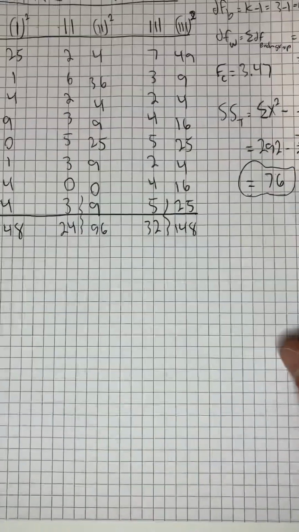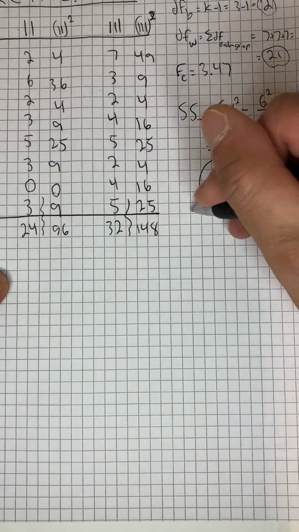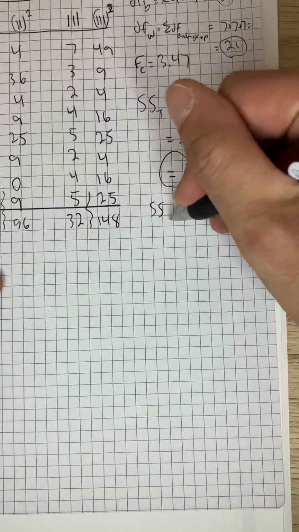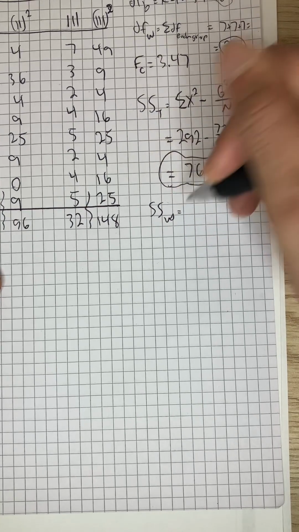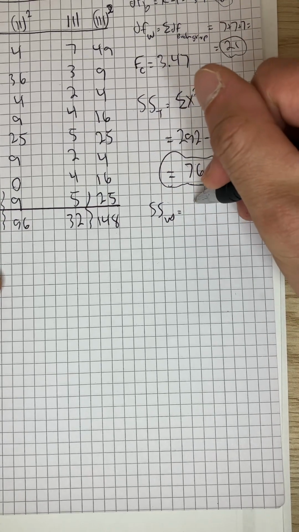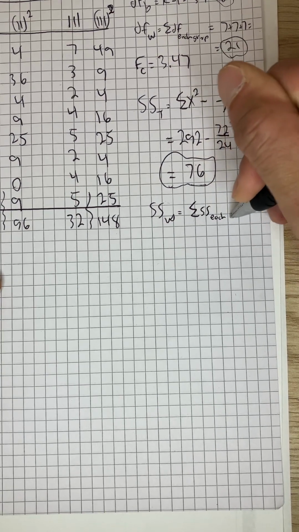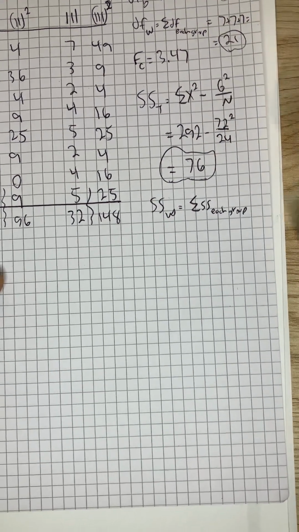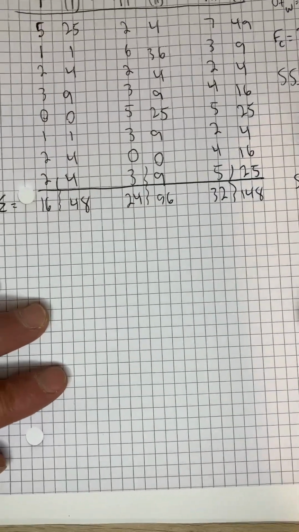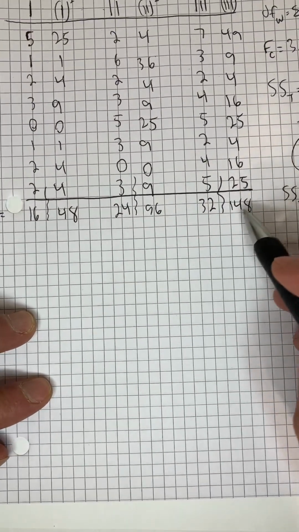Now we're going to find the sum of squares within. The sum of squares within is adding up the sum of squares of each group. So we have everything we need.